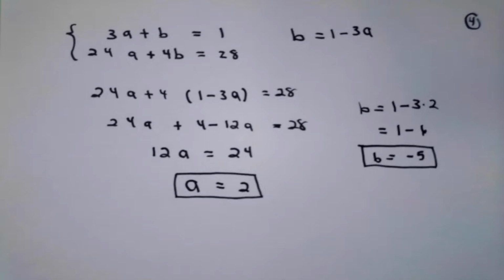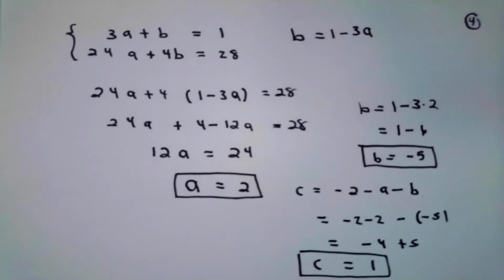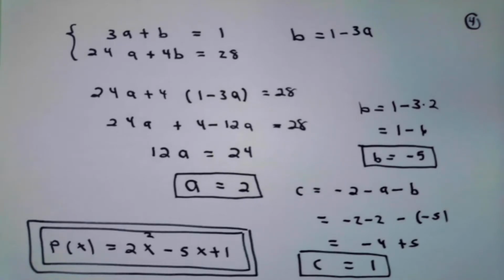And since I have a formula for c in terms of a and b, it's easy by substituting in a equals 2 and b equals -5 to find out that c is actually equal to 1. We now know all three of those coefficients. The polynomial is supposed to be p of x equals 2x squared minus 5x plus 1.